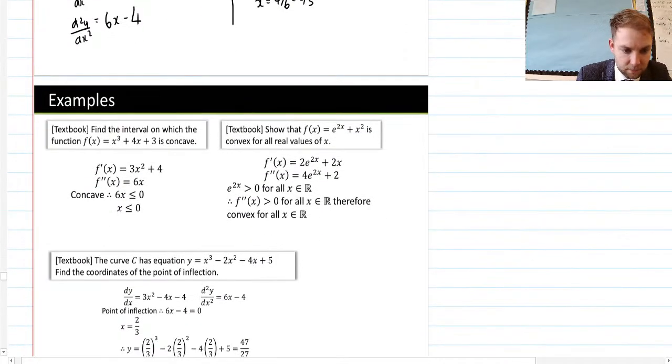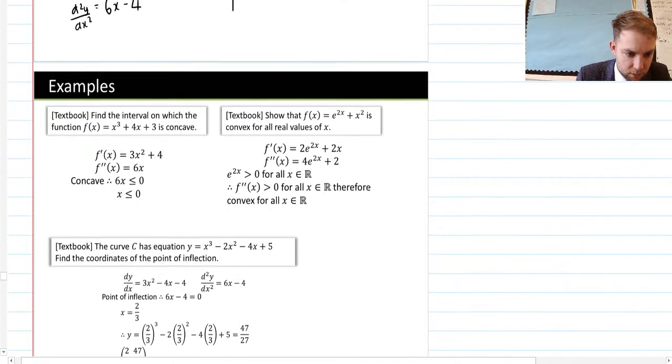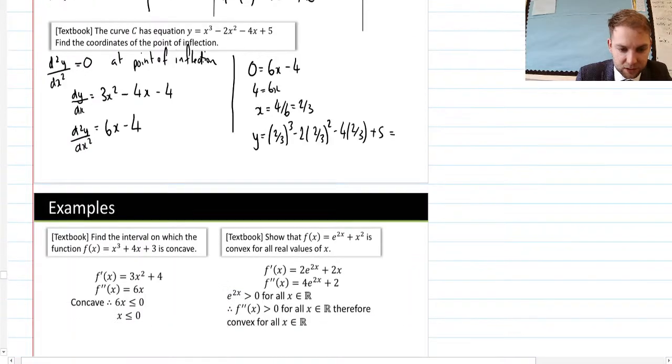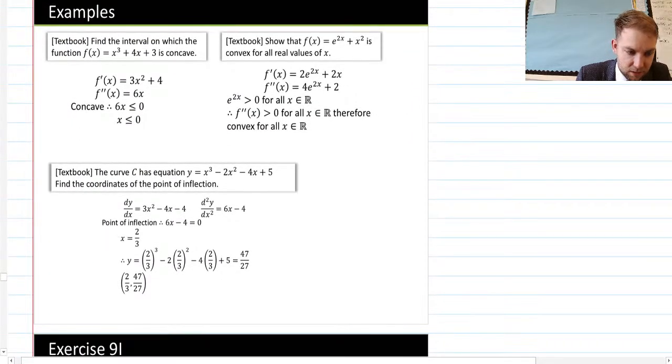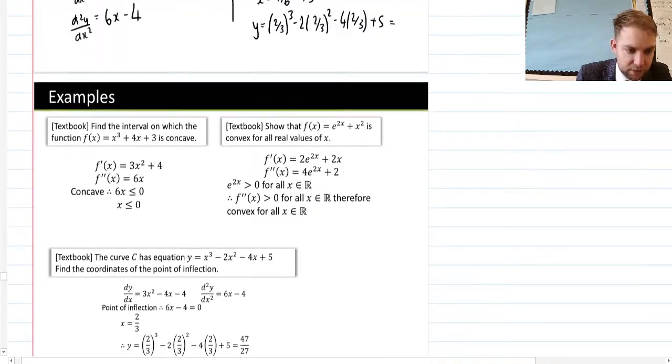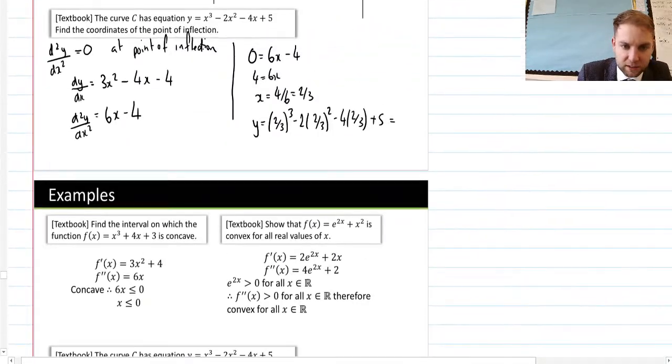Just check that. 2 over 3. Ooh, it wants the y coordinate as well. Silly me. So let's sub that in for y. 2 over 3 all cubed minus 2 times 2 over 3 all squared minus 4 times 2 over 3 plus 5, and that's equal to, I'm just going to steal it from down here, 47 over 27.